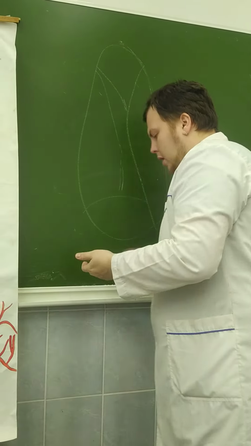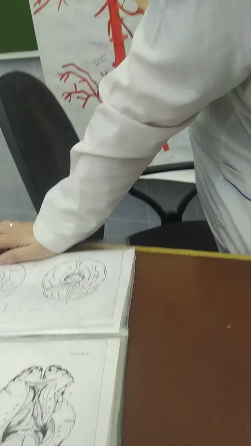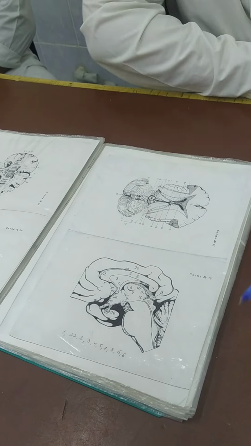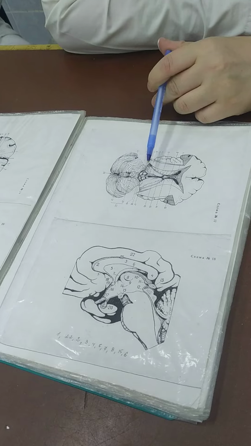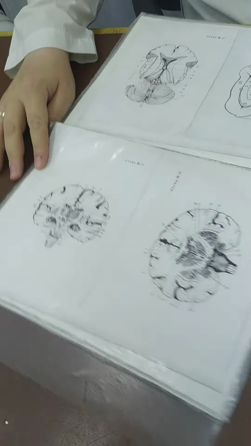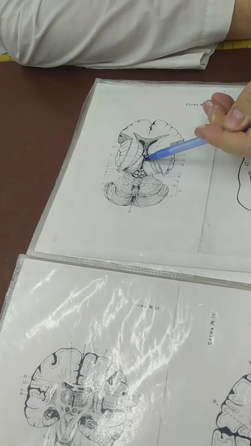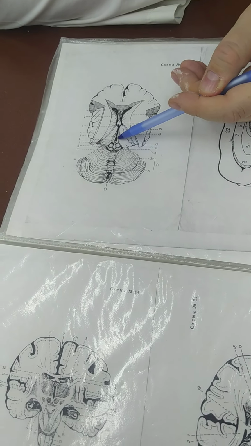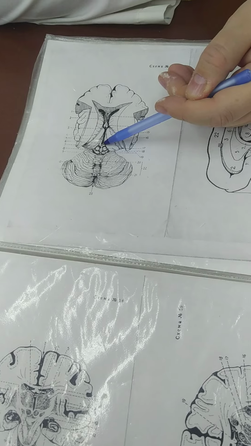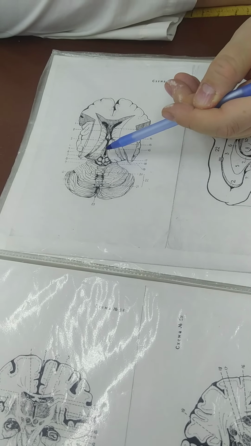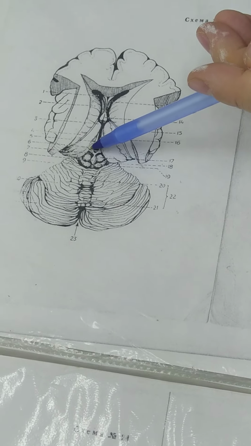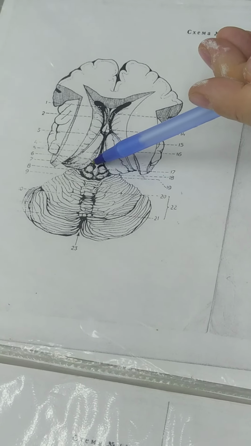No. Okay. Then let's come back here. On this picture we have stria medullaris, and if we look at them posteriorly, they widen to form triangles here. These structures are called habenular triangles. Here the epithalamus starts.